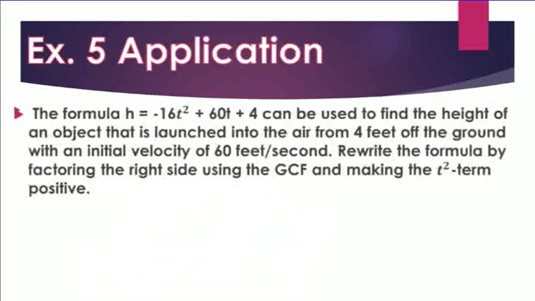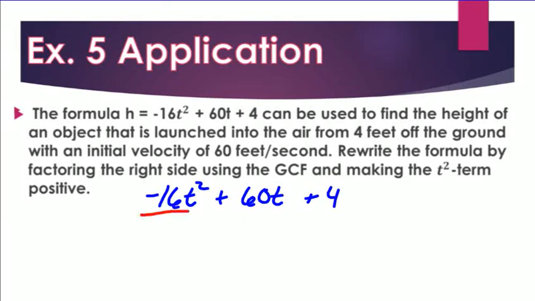And the last one here, we have a similar formula. And it says we need to rewrite the formula by factoring the right side using the greatest common factor and making the t squared positive again. Negative 16t squared plus 60t plus 4. I need to take out the greatest common factor. Greatest common factor of all of them is 4, but I have to make sure my t squared is positive, so I'm going to divide a negative 4 out.